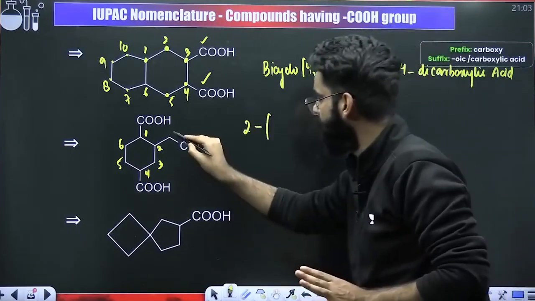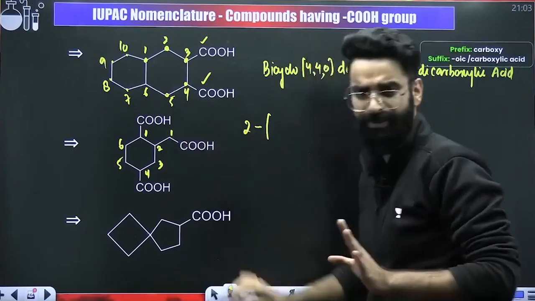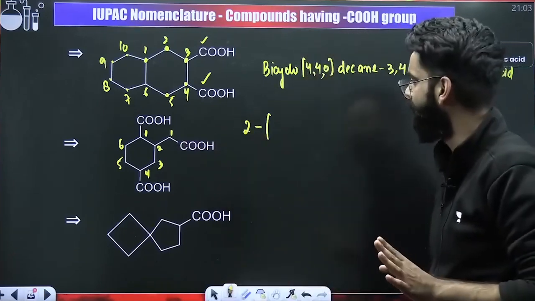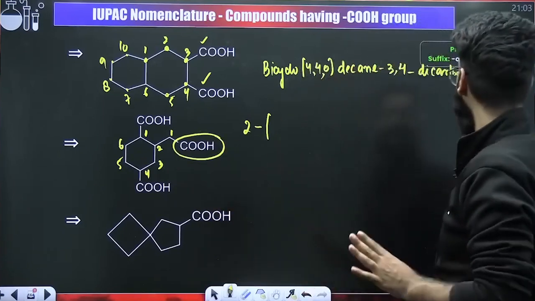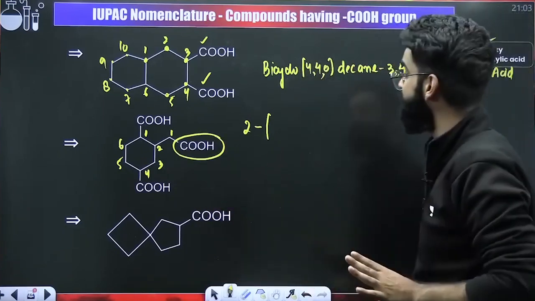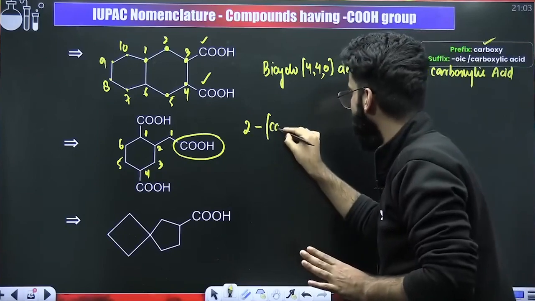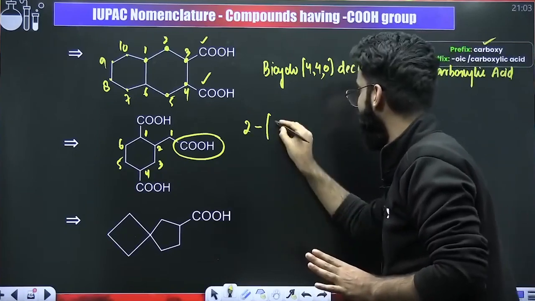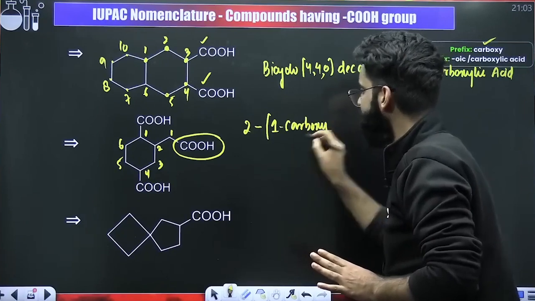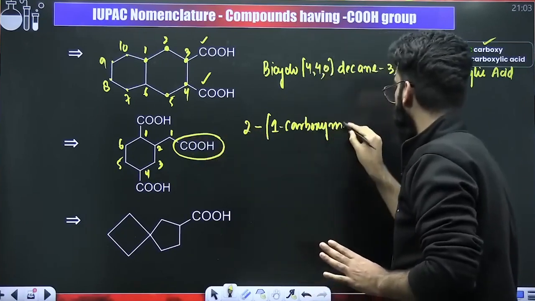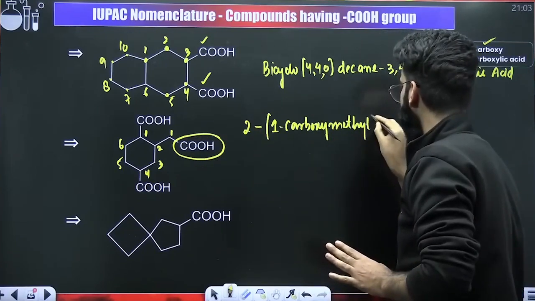So, first of all, you will say at carbon number 2. This is 1 here. You will start the numbering here also. This is 1. Now, this COOH will be taken as a prefix, and when COOH is taken as a prefix, it's carboxy. So it is written as 1-carboxymethyl.